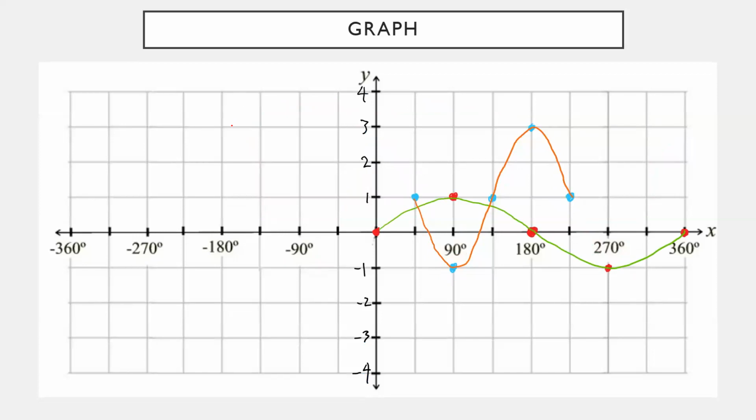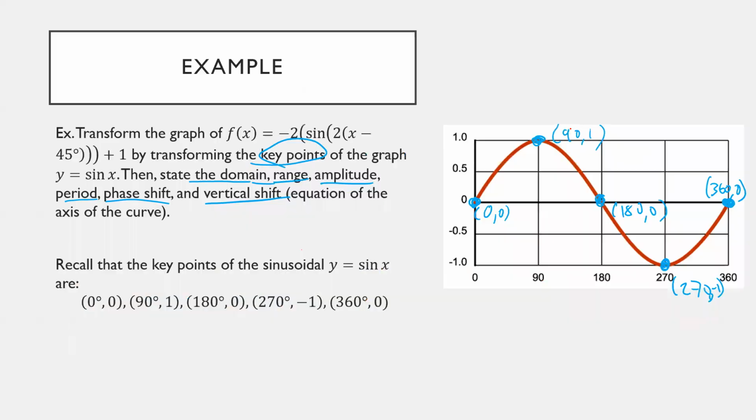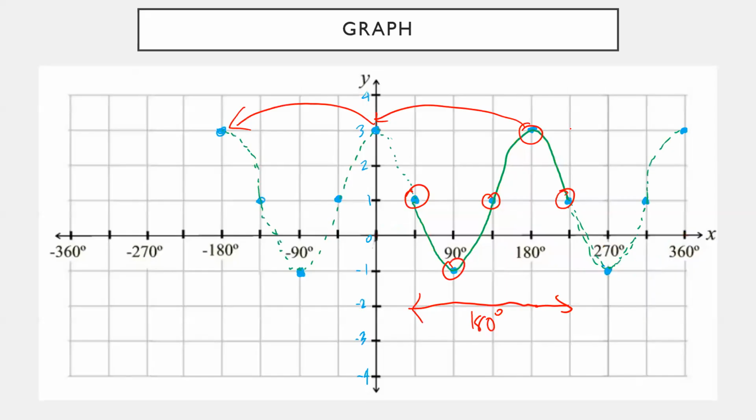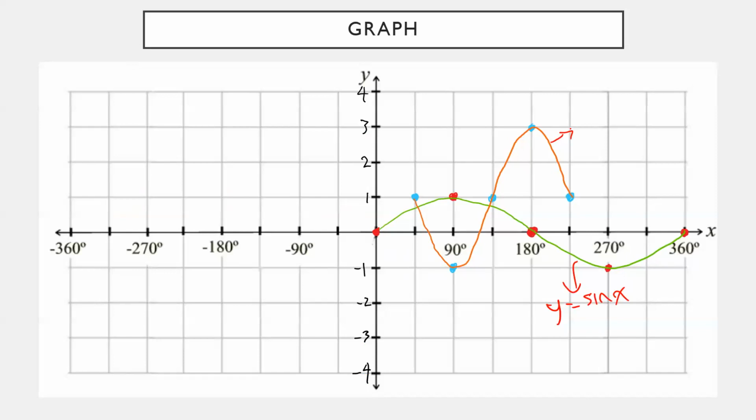So this is actually what the graph looks like when I plot the original one. And again, the original one, in green, is sine x. And this right here is the transform function, which is y is equal to -2 sine of 2x minus 60 degrees, I think it was.